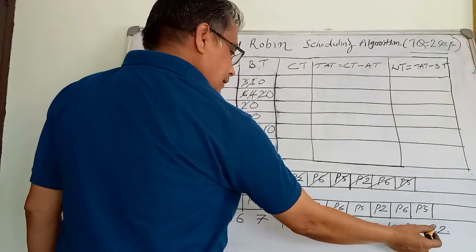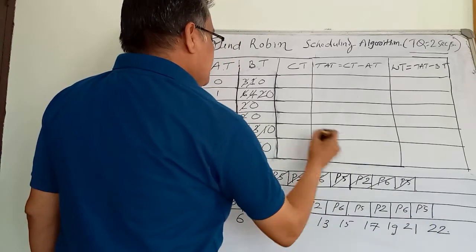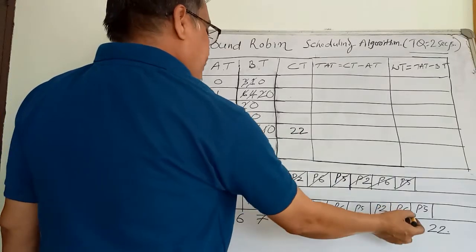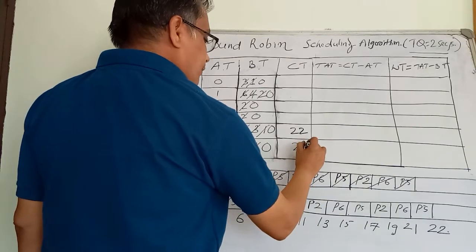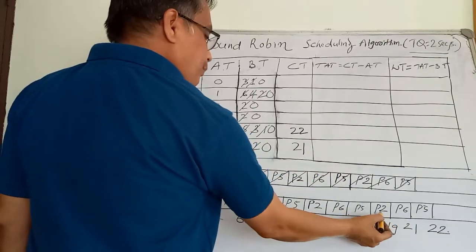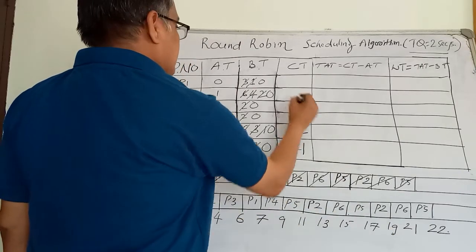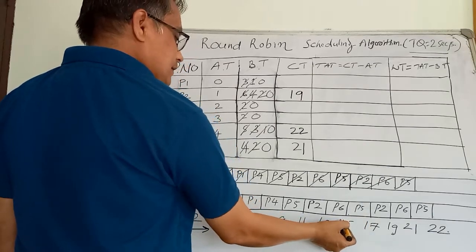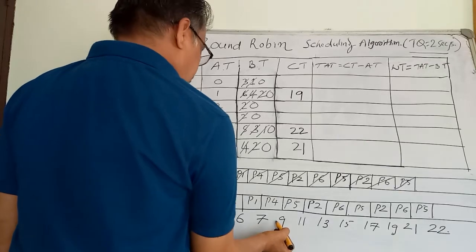Okay, P5 got completed at which unit? 22. That means you mention here 22. Next, P6 got completed at 21. Right? Next, P2 got completed at 19 seconds. Okay, P5, P6 and P2 are over.